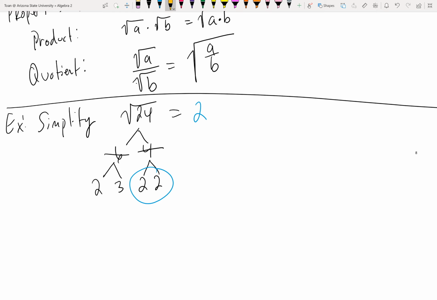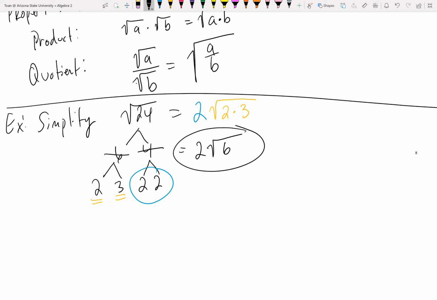Do I have any numbers that are left over? I have a 2 left over and a 3 left over. Those are the numbers that I did not circle. Any numbers that are left over go back inside of the radical. And remember that everything is multiplying each other. So, ultimately, what does radical 24 equal? It equals 2 on the outside, radical 6 on the inside. This is the simplified form of radical 24.